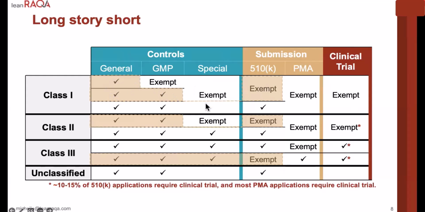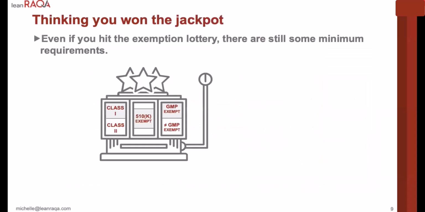So it's really not easy to navigate your product classification, your regulatory pathway analysis, because there are so many options or configurations that could exist for your requirements and your exemptions.